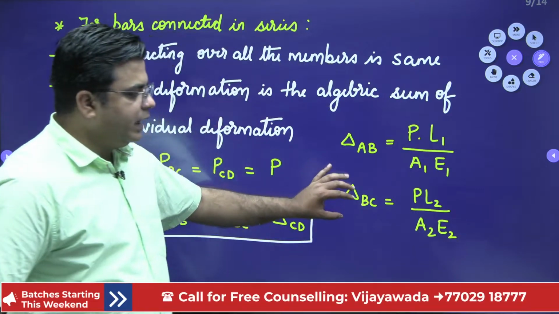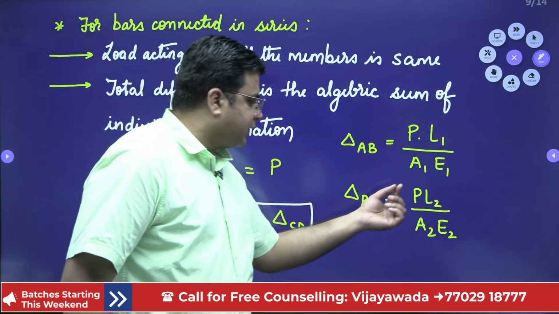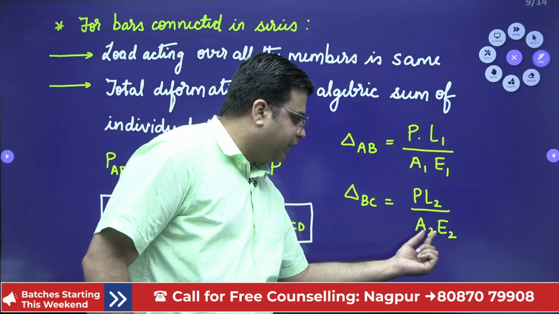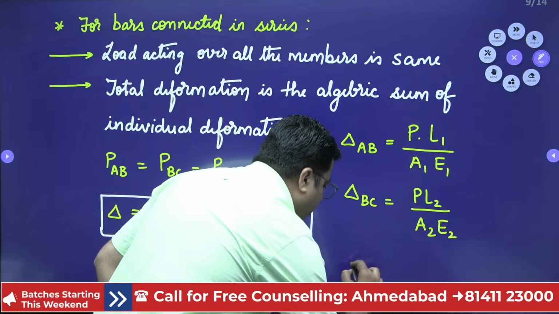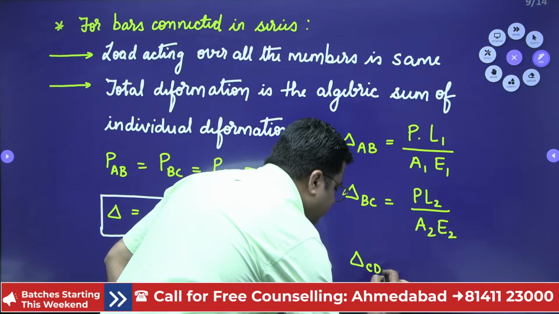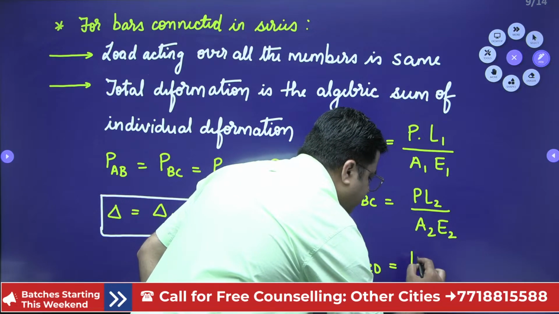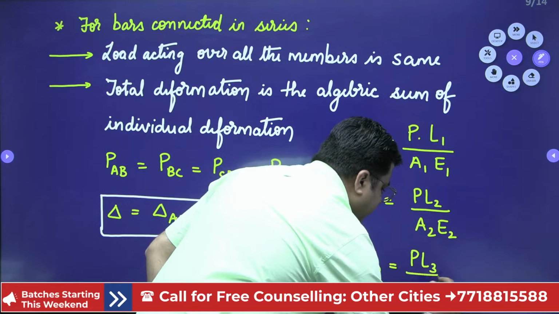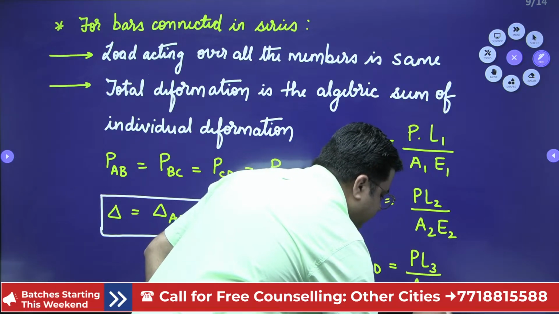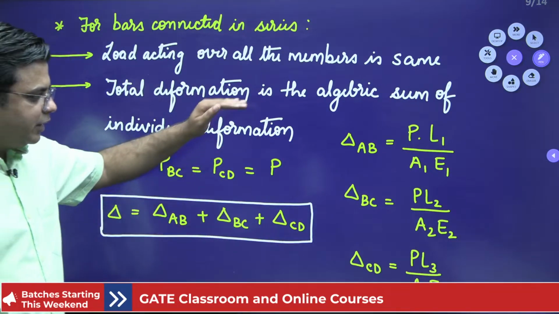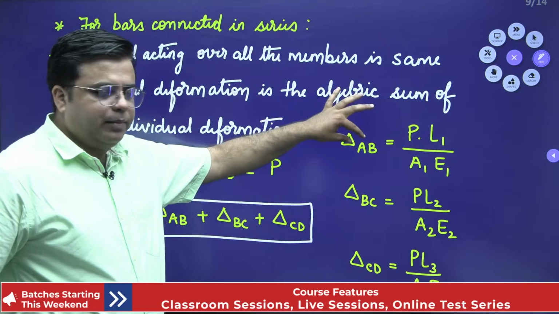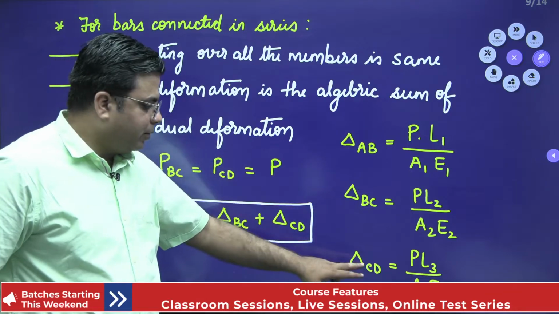Delta BC is the second member, so the length is L2, area is A2 and Young's modulus is E2. Similarly, delta CD is equal to P L3 upon A3 into E3.